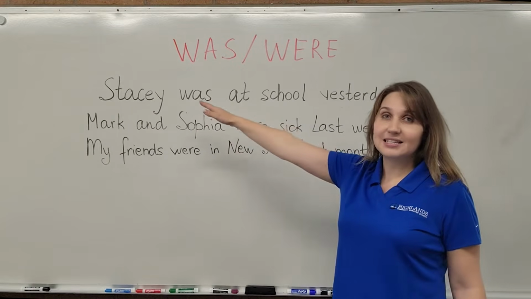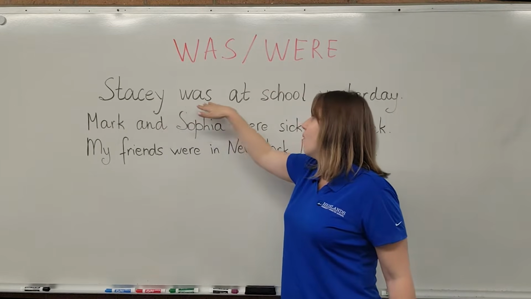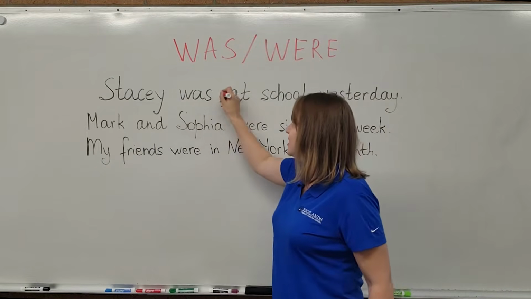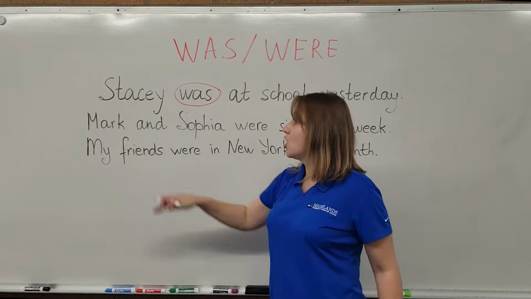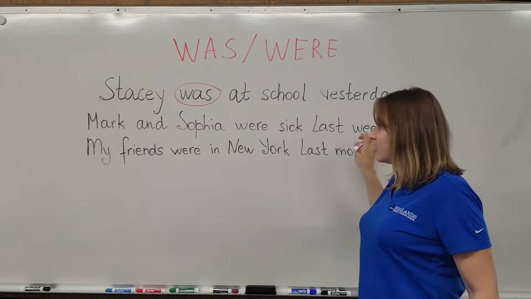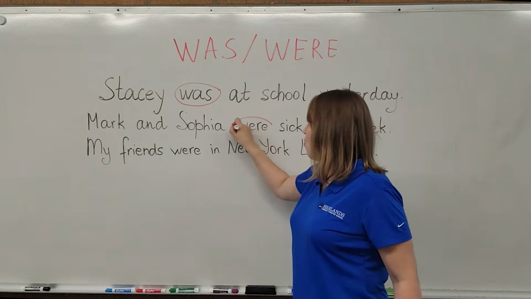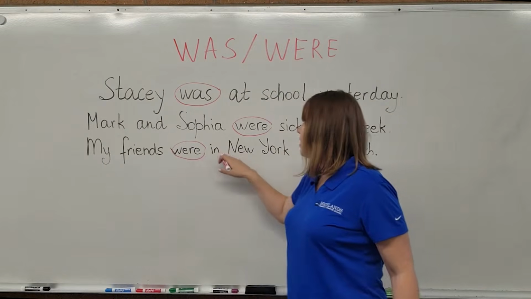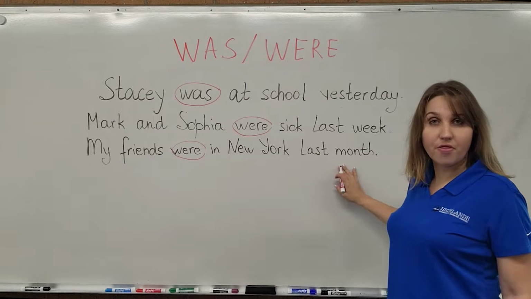So the first sentence is, Stacy was at school yesterday. So we have Stacy was. Mark and Sophia were sick last week. Mark and Sophia were. And my friends were in New York last month.